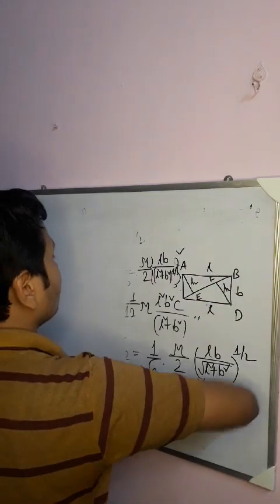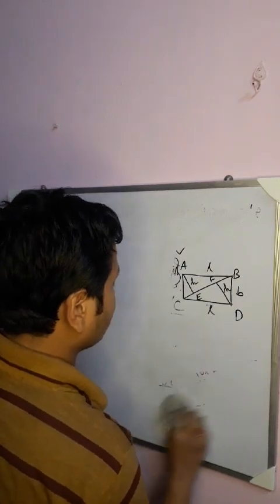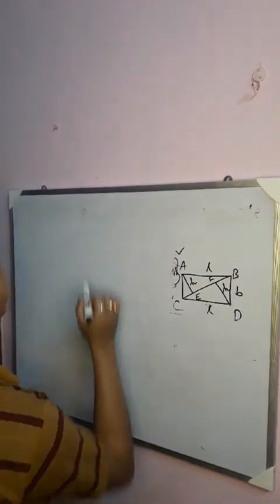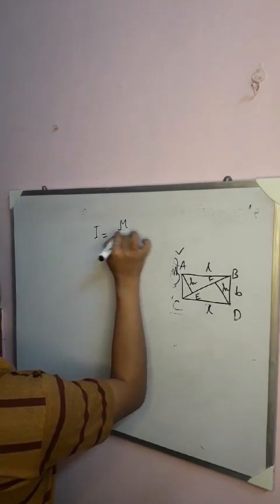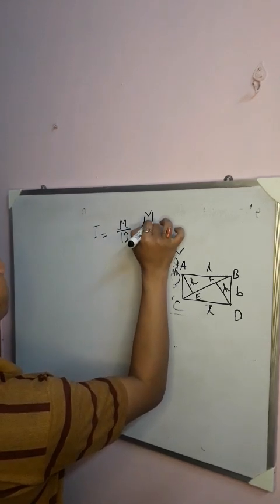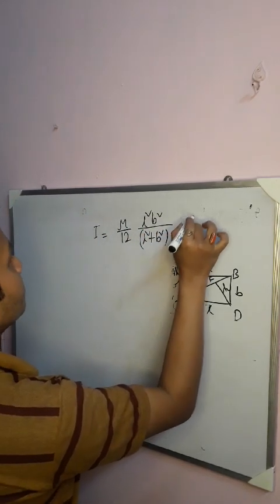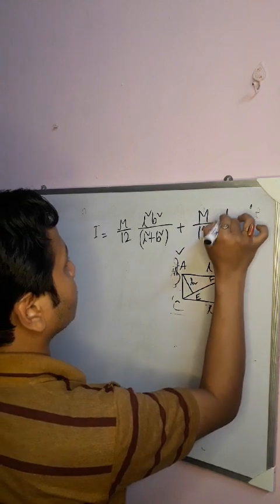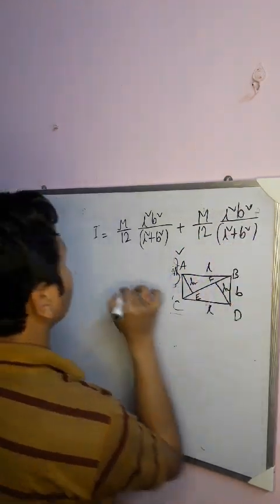Now what would be the moment of inertia of the entire rectangular plate about the diagonal BC? You just add the two terms, that is M by 12 into L square B square by L square plus B square plus M by 12 into L square B square by L square plus B square.